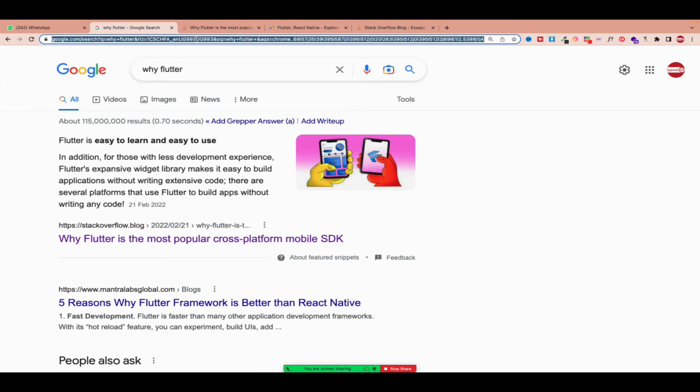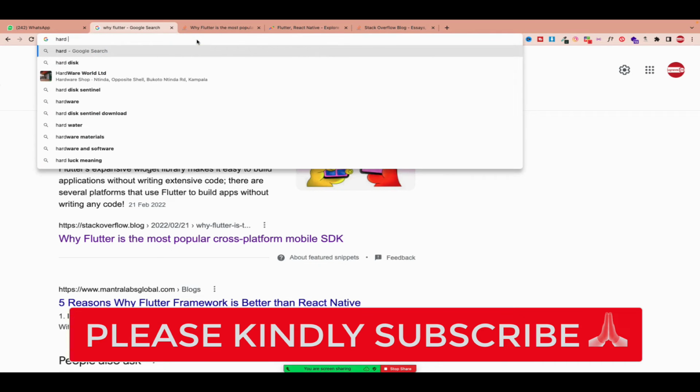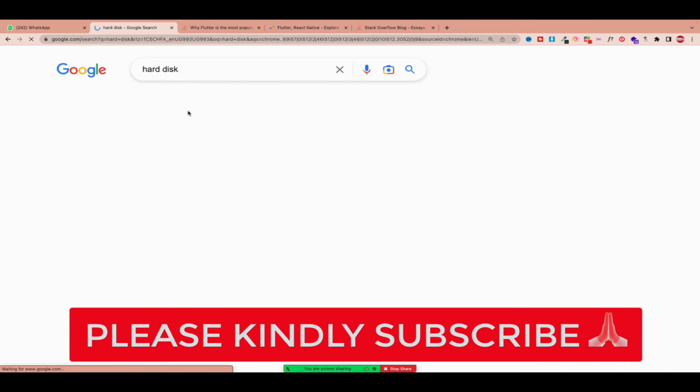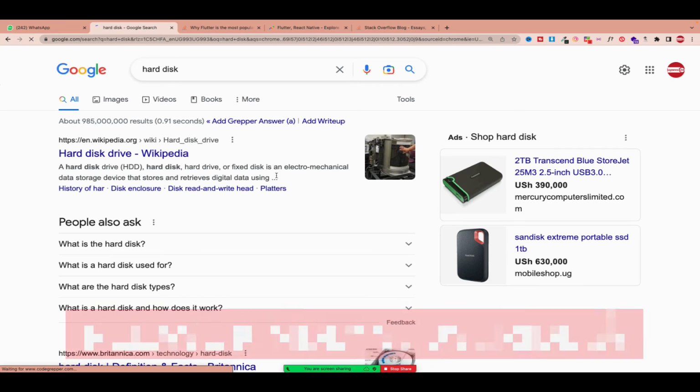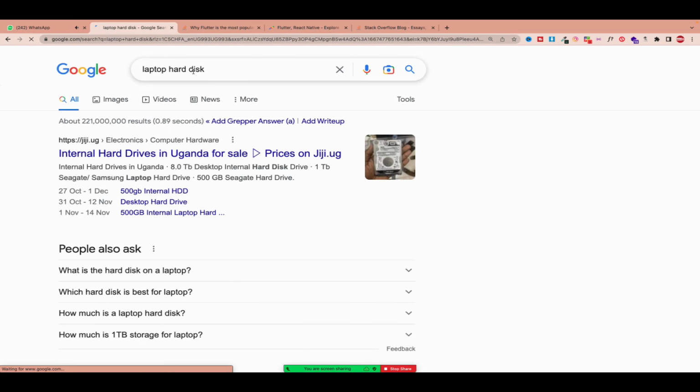Those who are still using hard disks, get rid of them if you want to become a real developer. If you don't know hard disk, this is what I mean. We have 2 types of disks. This is the one that I'm talking about, the hard disk.